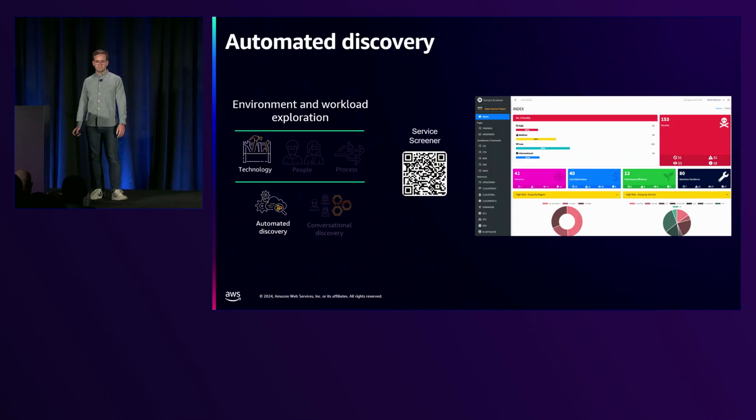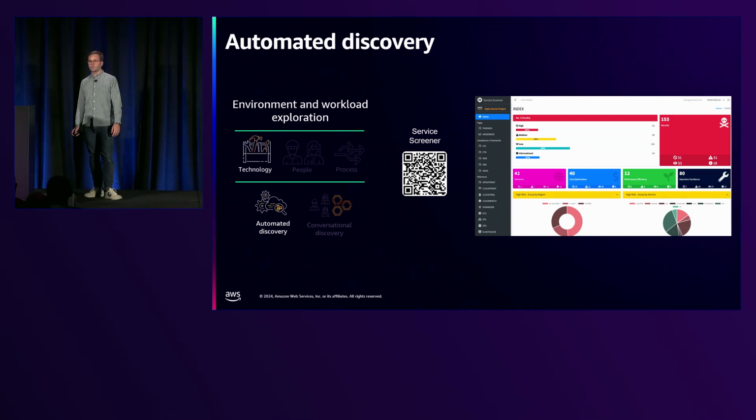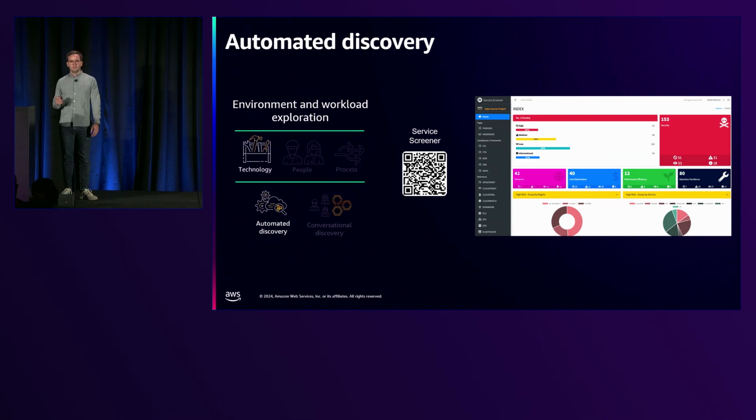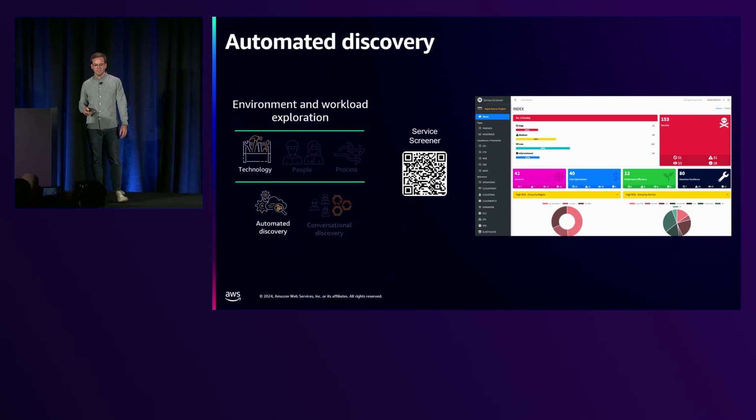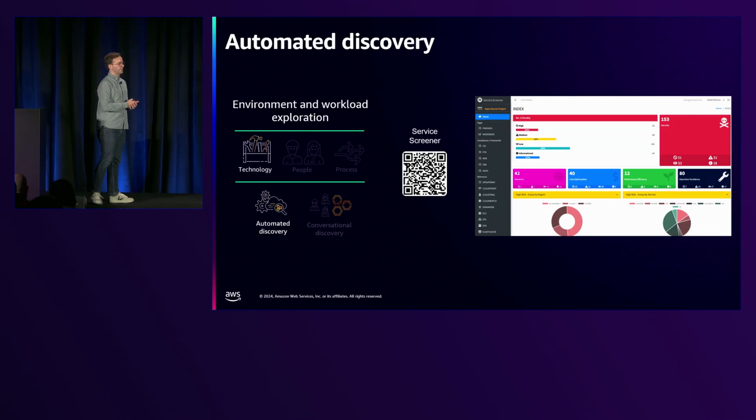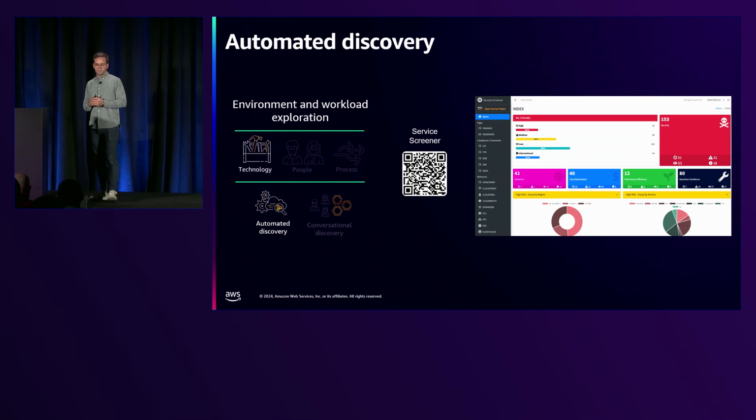Service Screener is an open source tool developed by the folks at AWS since 2021 that will run automated checks within your AWS environment, and again provide you recommendations based on the Well-Architected Framework. It's based on Python and the AWS SDK.